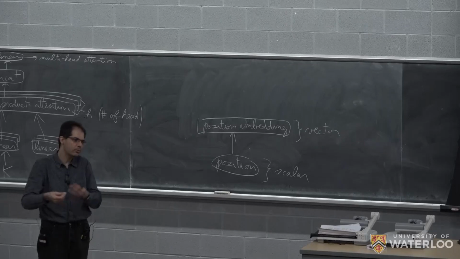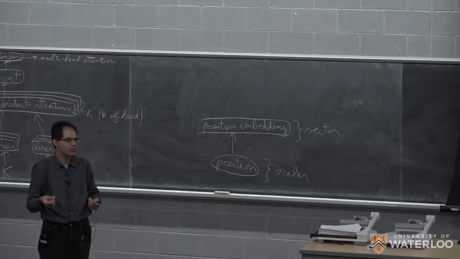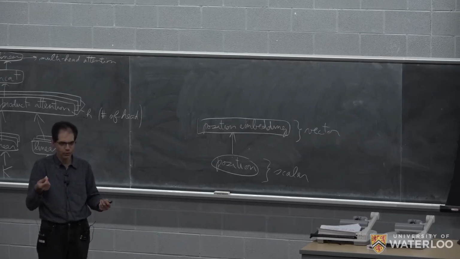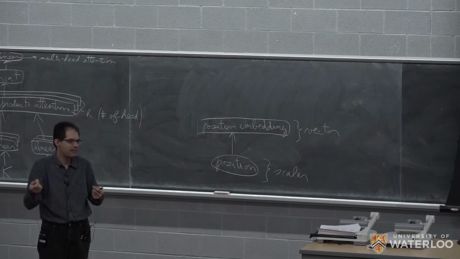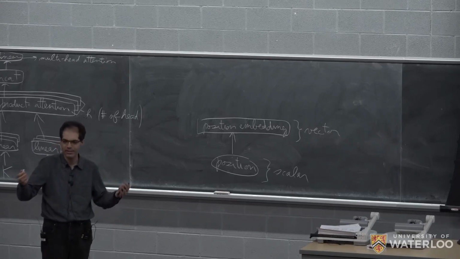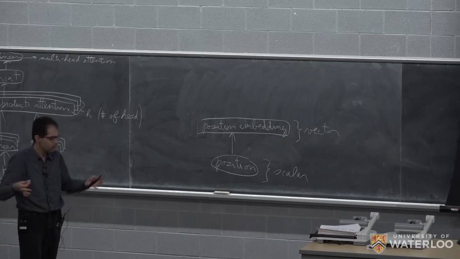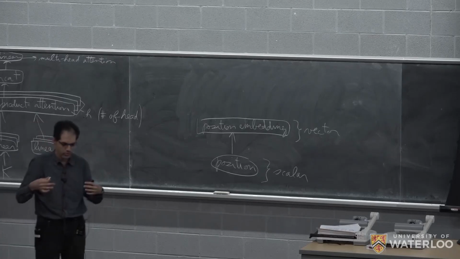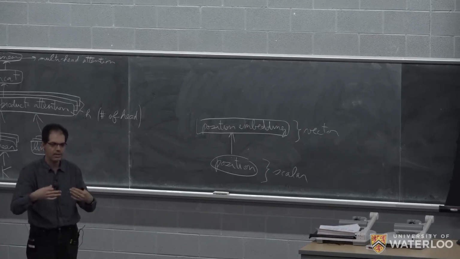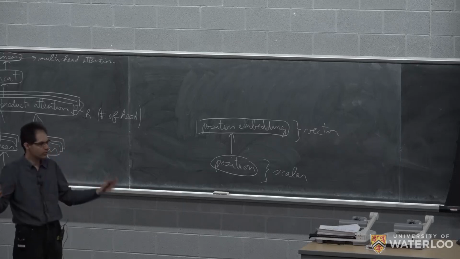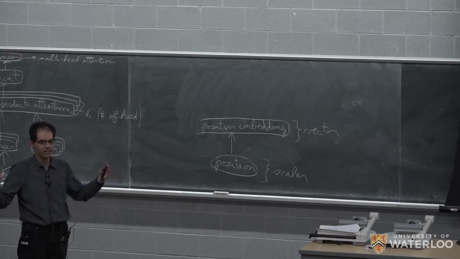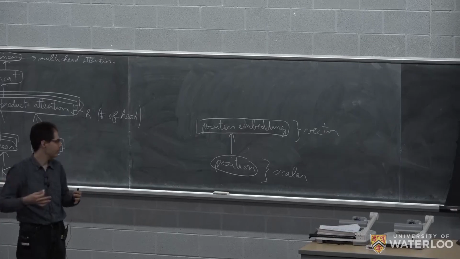So obviously there are multiple ways in which we could do this. The simplest could just be to have an integer for the position and maybe append or concatenate that with the embedding of the word. But in this work, the authors simply chose to add to this a vector, and it's going to be a vector of the same dimensionality as the embedding of the word.